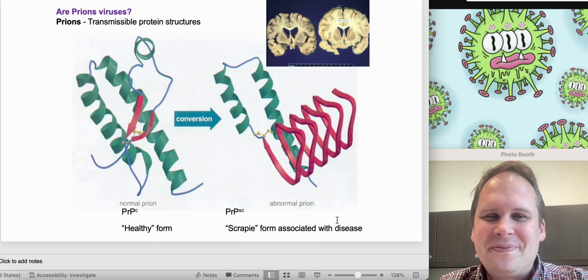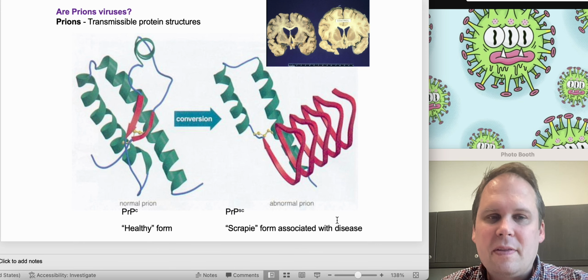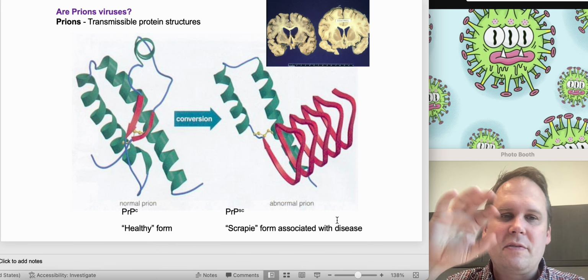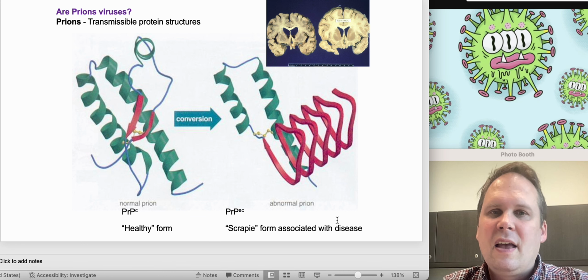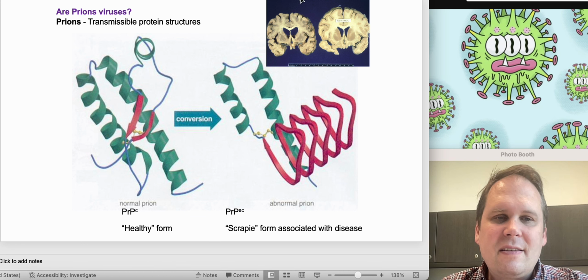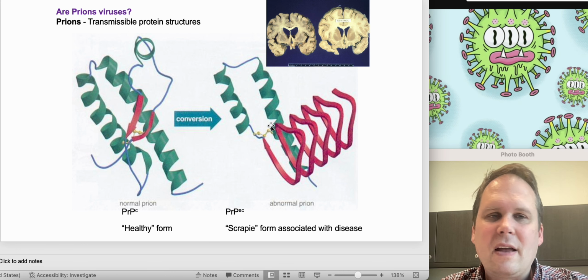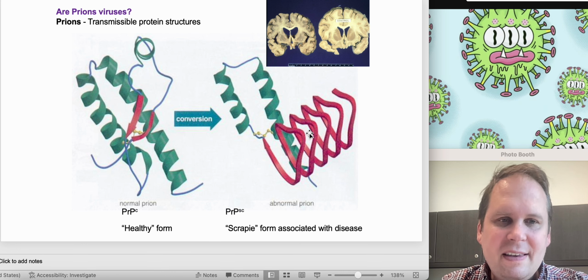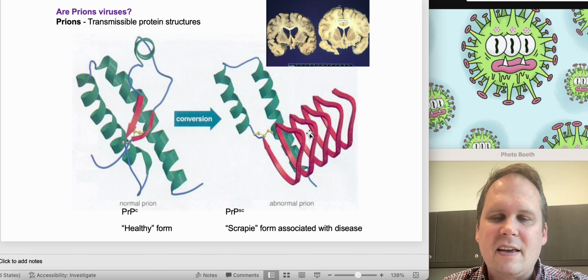Okay. There are things in the world that are transmissible, that cause disease. So they're transmitted from person to person to person, or animal to person, or animal to animal. Cause horrible, like, brain-wasting diseases. One of these would be the thing called mad cow disease or prion disease, or this chronic wasting disease of white-tailed deer, which is running around out there.